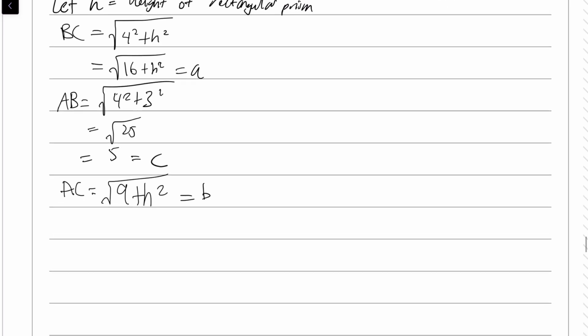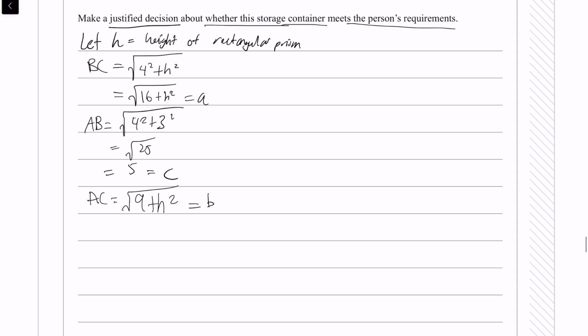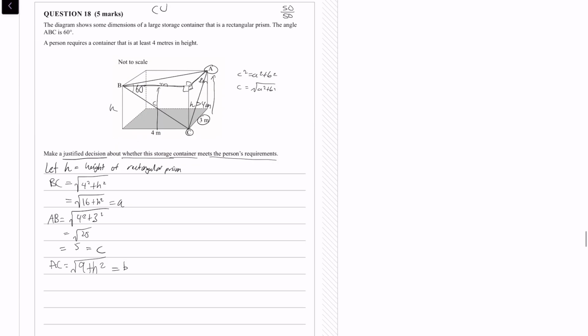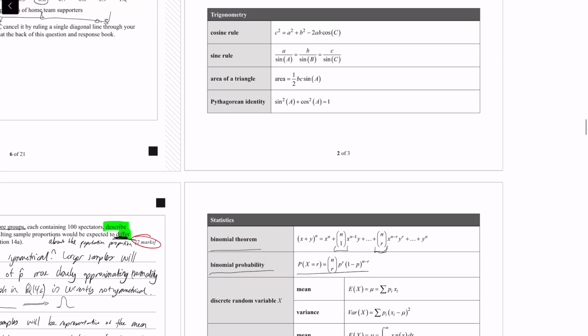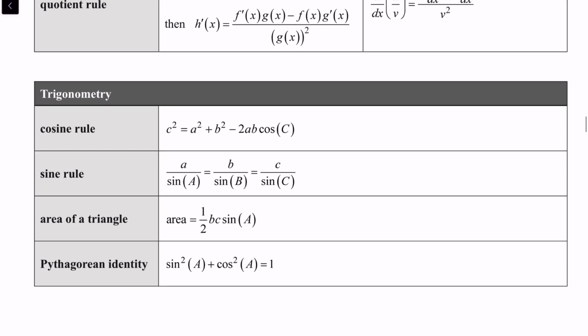which we know is 60 degrees, okay? So what I might do with the cosine rule, because I have an angle and I have 3 sides, that's a key indicator that I'm using the cosine rule for triangles. I might change my variables.